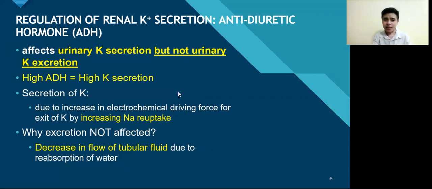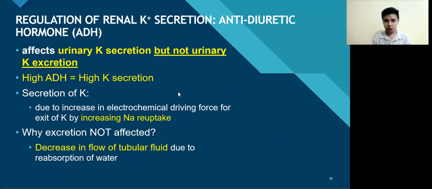Why is it like that? Again, our normal value for potassium is 3.5 to 5.0. So as much as possible, we don't want exaggerated excretion. Because if hyperkalemia, aldosterone and ADH all come together with nothing to counter ADH, it will also enhance potassium excretion. From a potassium of 6.0, probably after one day it could suddenly become 2.0.